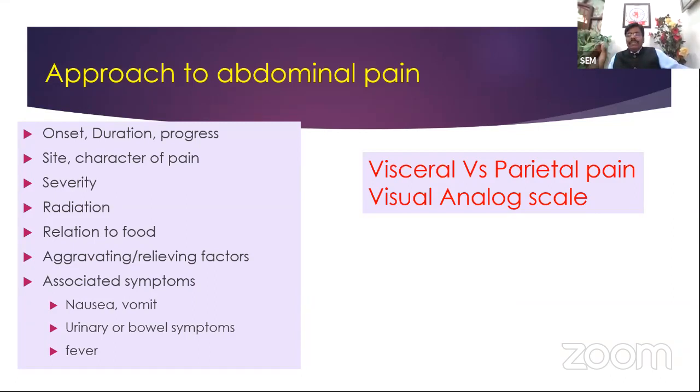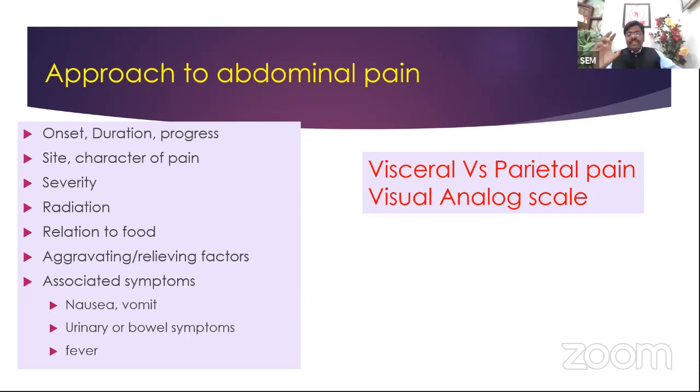As far as the abdomen is concerned, there are 2 types of pain: visceral pain and parietal pain. We discussed visceral pain already. I told you there are 3 important types of viscera: viscera from foregut, midgut and hindgut.